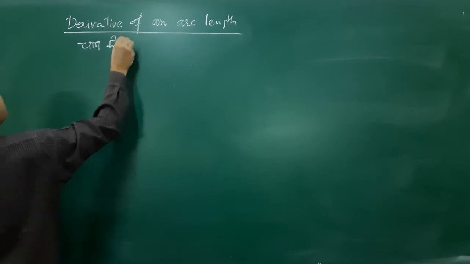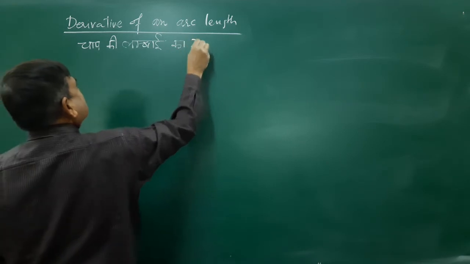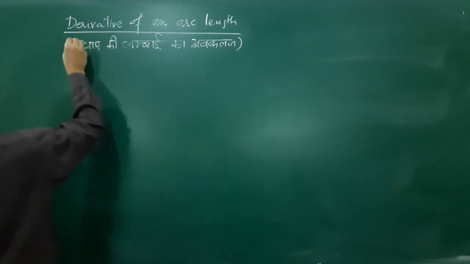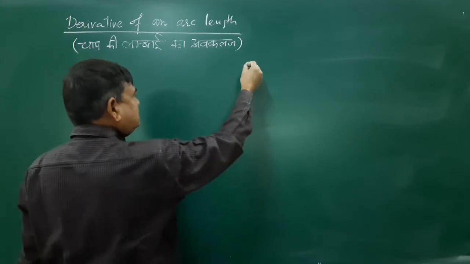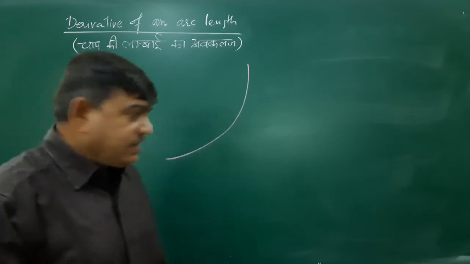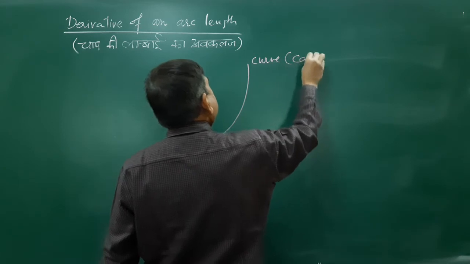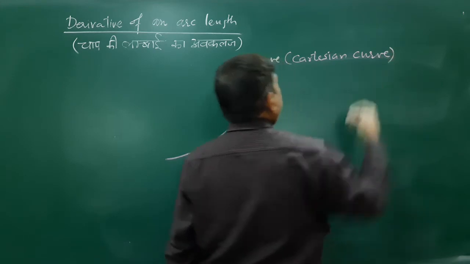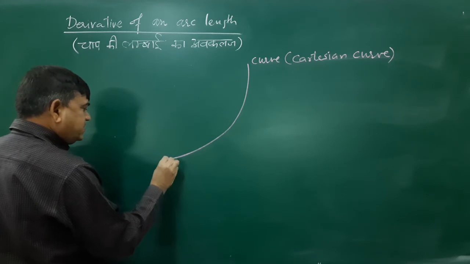Suppose this is any curve, a Cartesian curve. Its equation is given in the Cartesian form, with a fixed point A.